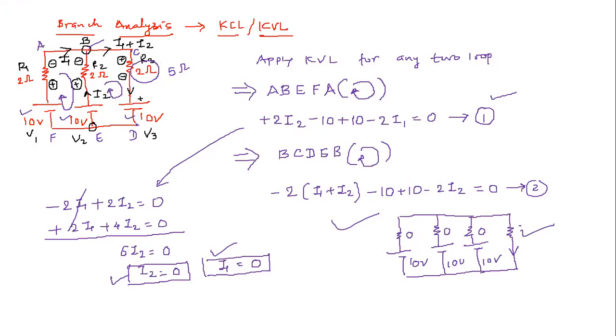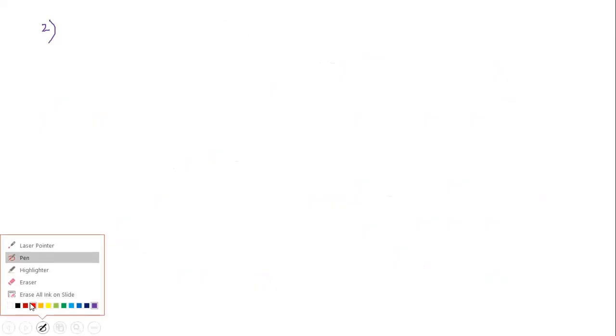Though we have tried to solve with the 3 sources, we ended up getting something different, and now we'll try to solve another one, the second problem. I hope this color is comfortable to you.